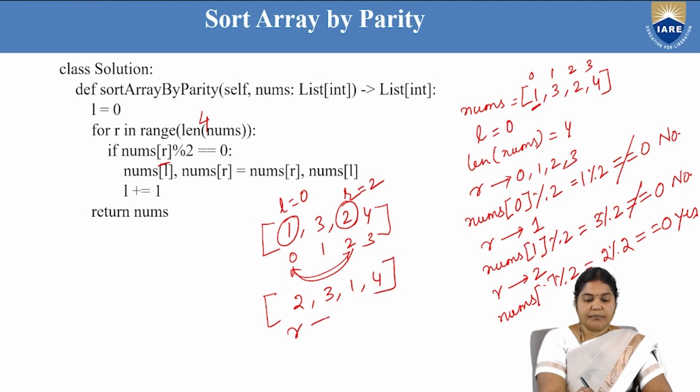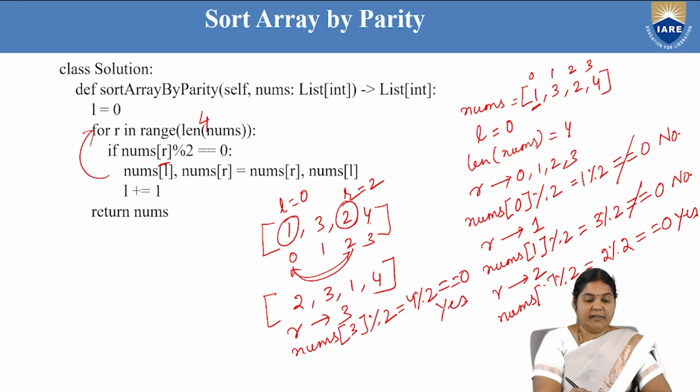Now finally, R is equal to 3, last time. Nums of 3 modulus 2: nums of 3 contains 4. So 4 modulus 2 is equal to 0. Yes. If it is yes, then what are we doing? This time L becomes 1.